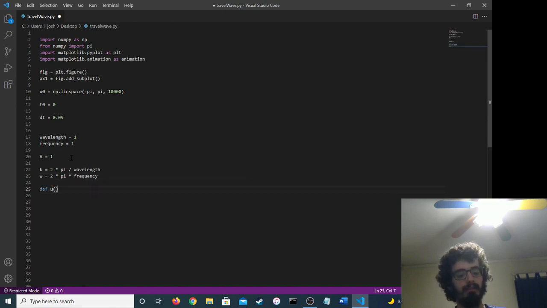Def, so we define our function that we're going to use. And we need the numpy cosine, not the math cosine, because x is a linspace that we're going to pass in later.